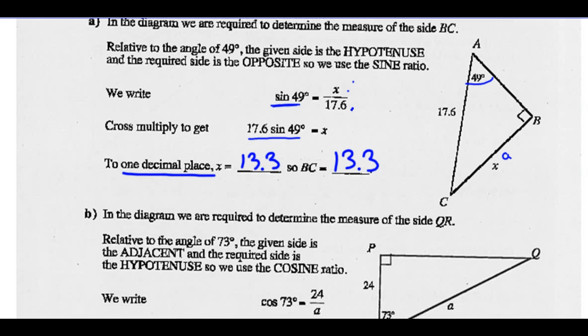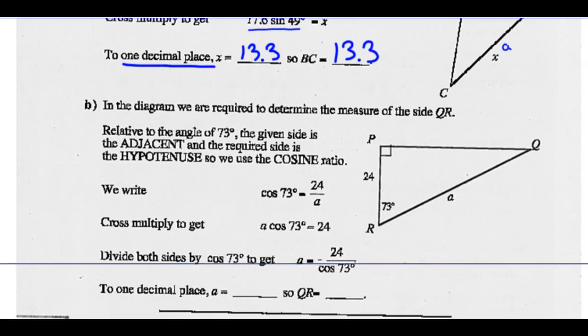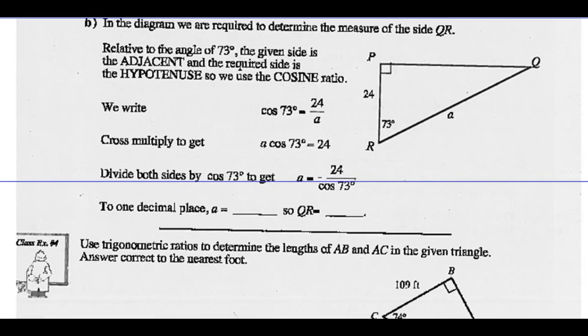In the diagram, we are required to determine the measure of side QR. Relative to the angle given, 73 degrees, QR, they labeled as little a, I'd like to label it as little p.